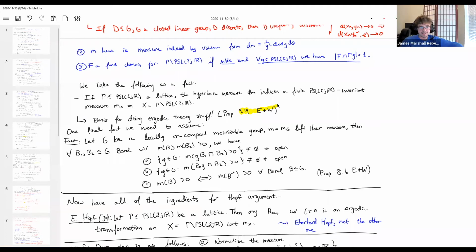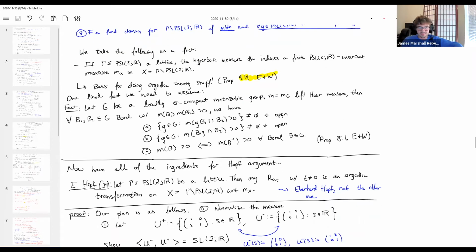And then this last fact that we kind of need to assume, I don't know, is not very intuitive for me at least, is let G be a locally sigma compact metrizable group, M is left Haar measure, then for all B1, B2 Borel subsets inside of G with the product of their measures being bigger than 0, we have these three properties that kind of seem, I don't know, pedantic out of nowhere.